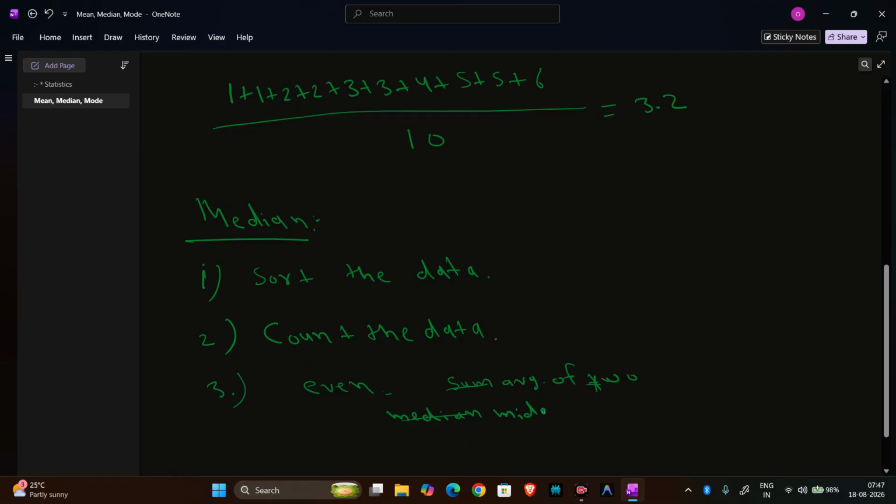And when the count is odd, we take the middle value, and that will be the median. So these are the steps we use to calculate the median: sort the data, count the data, and check whether the count is even or odd.